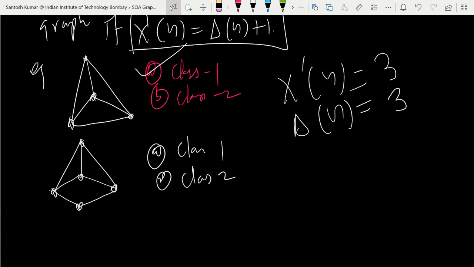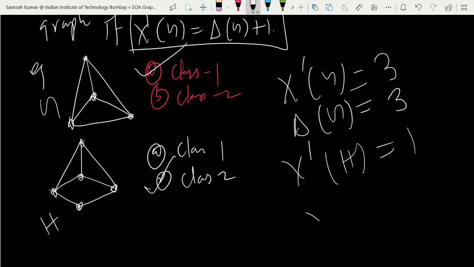Class 2. Suppose I say this is G and this is H. So the first graph is G and the second graph is H. What is chi dash H? 4. And delta H? 3.